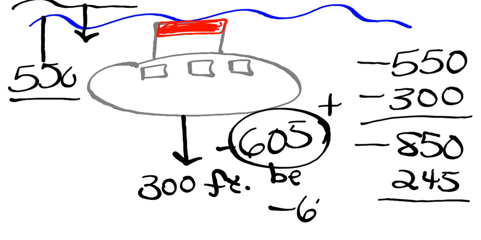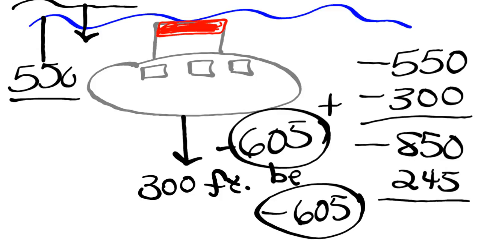Negative 605 feet below. Alright? Wait, I don't get it. Why would you add the 550 plus 300? Because you're going 300 feet further down, so we're adding on to how far we're down. And then we're going up. Oh, okay, now it makes sense. Alright, so the answer is negative 605 feet, or 605 feet below sea level.